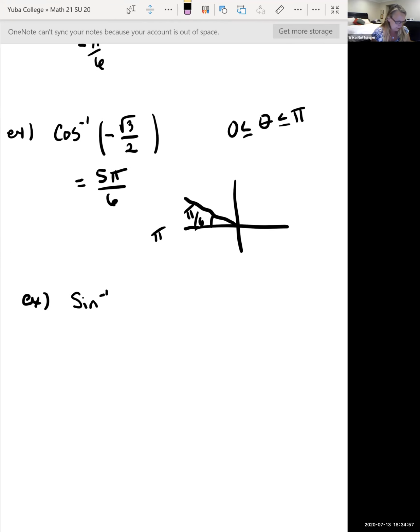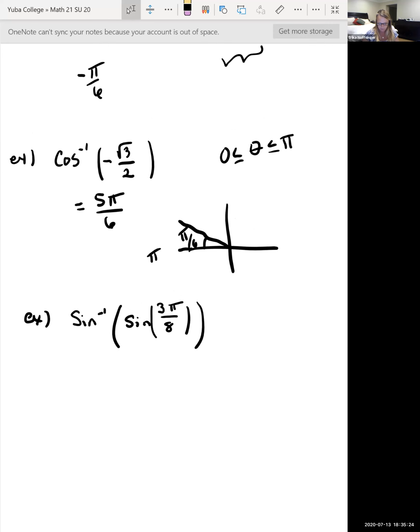So sine inverse of sine of 3 pi 8. We can just drop this if this 3 pi 8 falls in the domain, in the range.